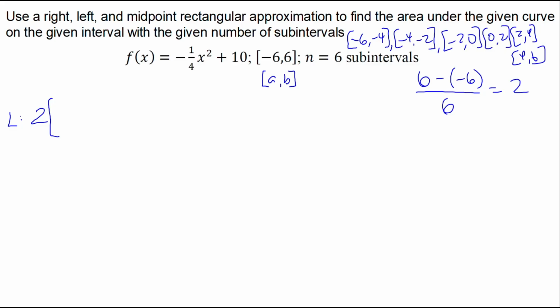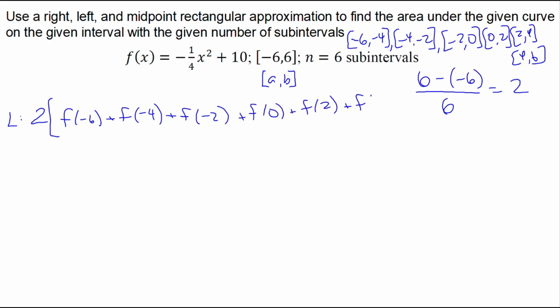So it's 2 times f of -6 plus f of -4 plus f of -2 plus f of 0 plus f of 2 plus f of 4.